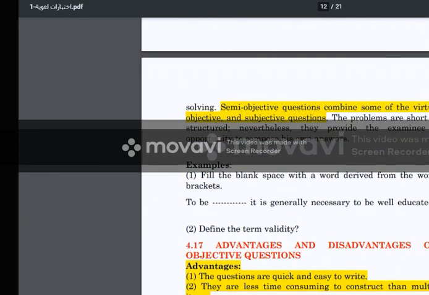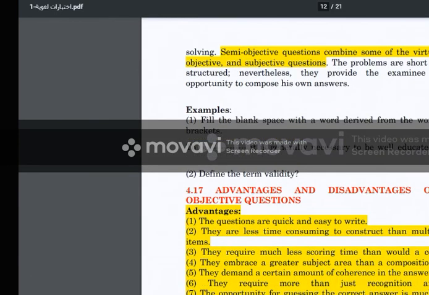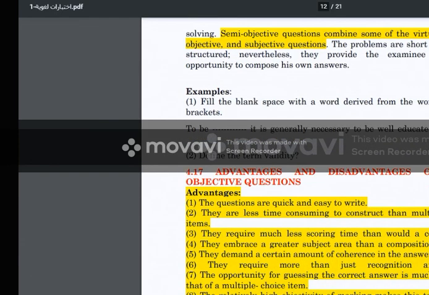Number 3, because it's productive in nature, its answer is not close-ended.